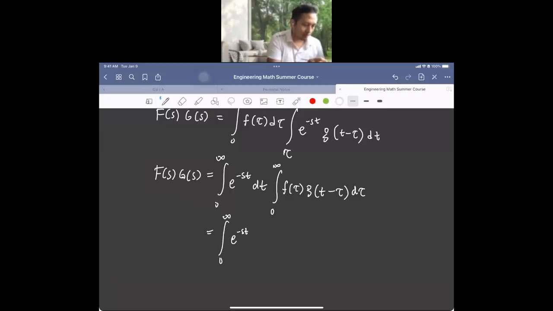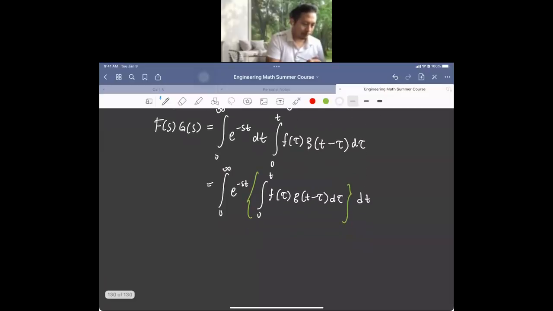And we can say that we can take this integration from 0 to t. Oh, sorry, it's not 0 to t. And then dt.